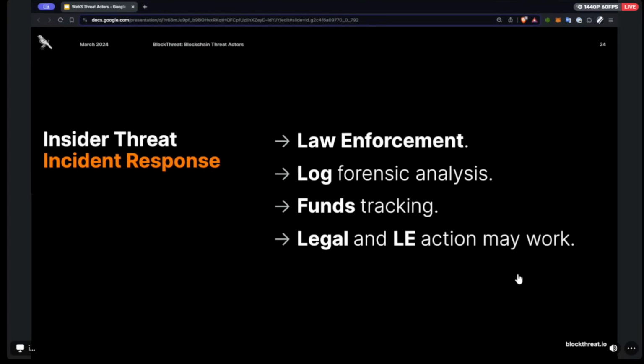For incident response, reach out to law enforcement and start digging through your logs to see what happened when, so you build a timeline. Figure out where this happened, who triggered the action, and where it is coming from. Then get back the funds. Again, we're usually dealing with folks who are not hardened criminals.